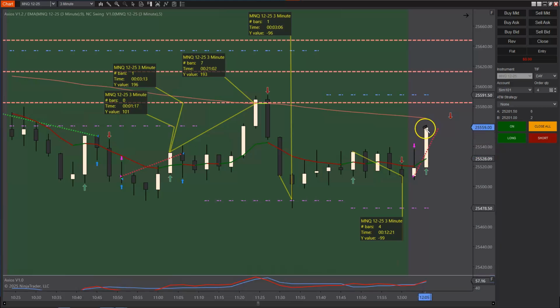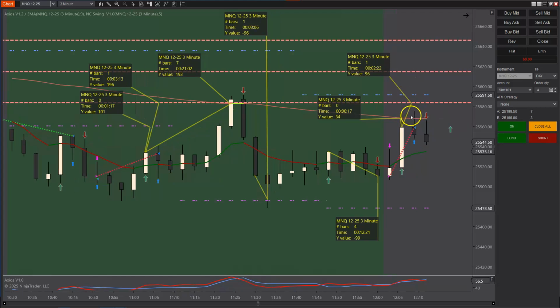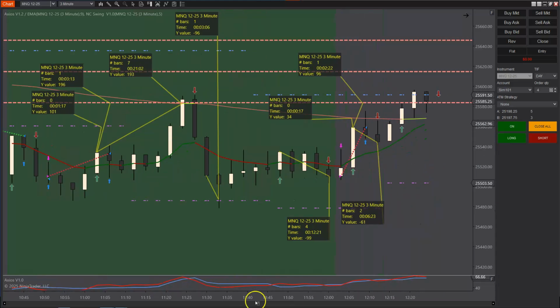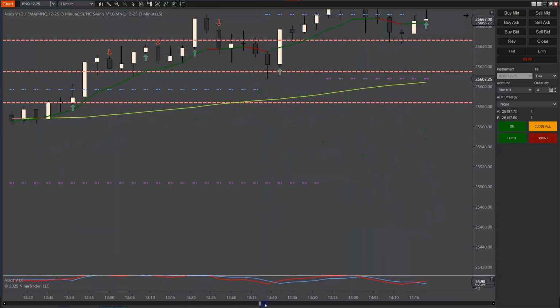You could target the green arrow, you could target the 100 here, it's like 34 ticks, then move your stop to break even. You could target the bottom of the opening range for 96, or if you did that, then maybe on your second position you might lose 61 at the red arrow there. Hopefully that's making sense. Let's maybe do one more example.